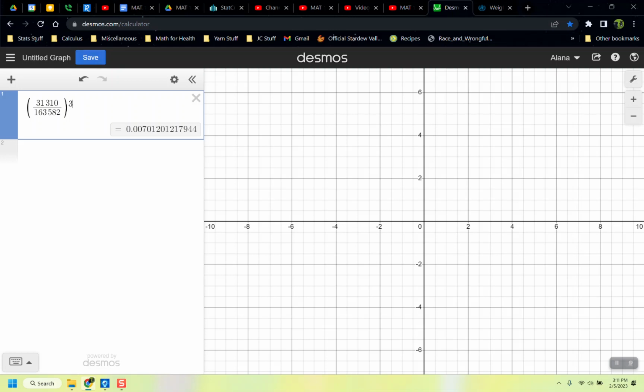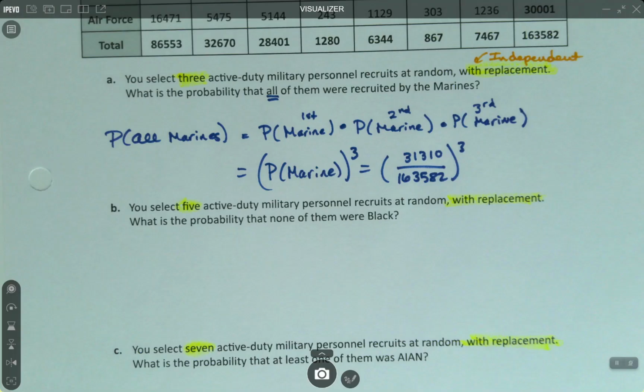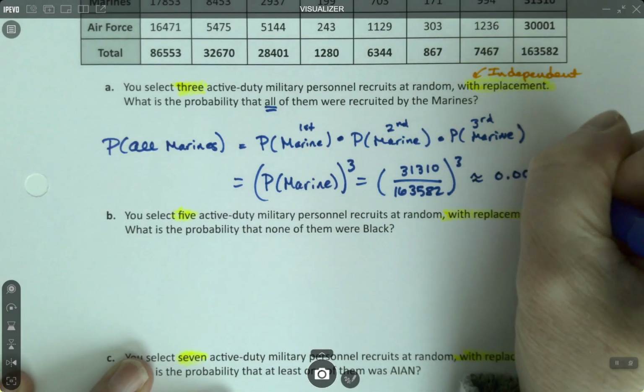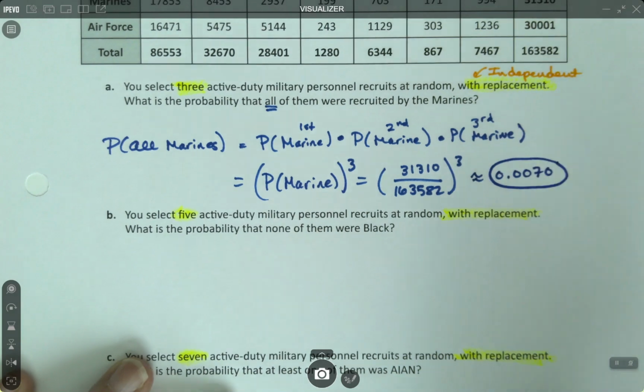So 31310 over 163582 raised to the 3rd power is the same thing as multiplying that fraction by itself three times. So it's 0.0070. Done.